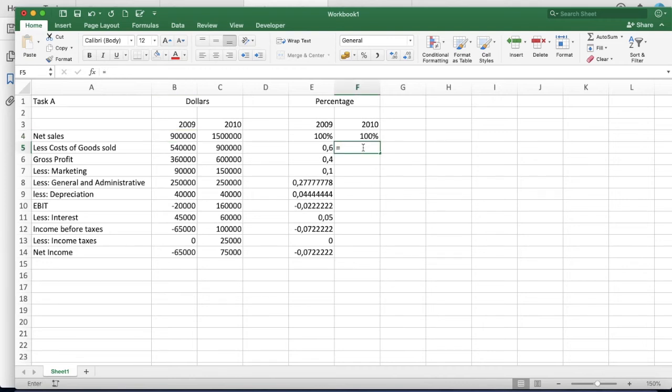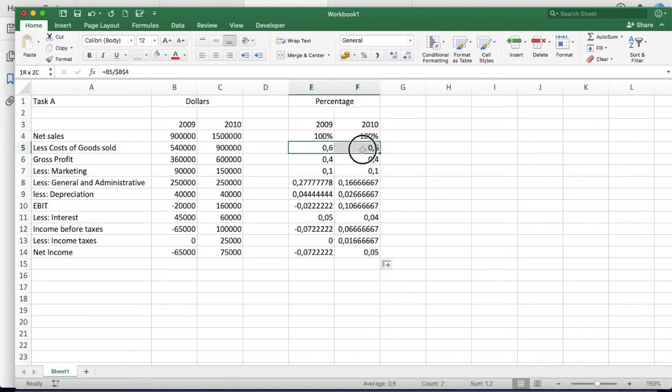And we will do the same thing for 2010. So equal the cost of goods sold divided by the sales of 2010. Then we fix this cell, click on the corner of the cell and scroll down.